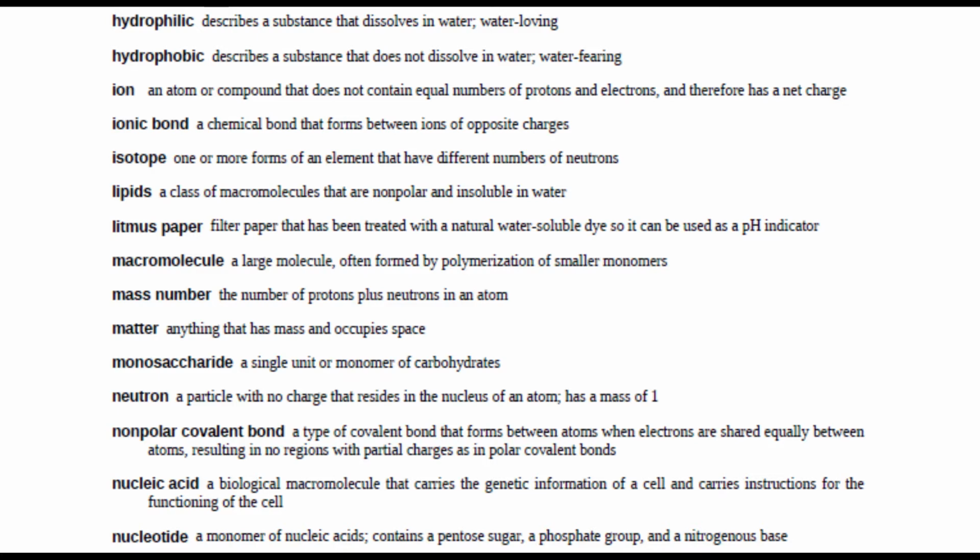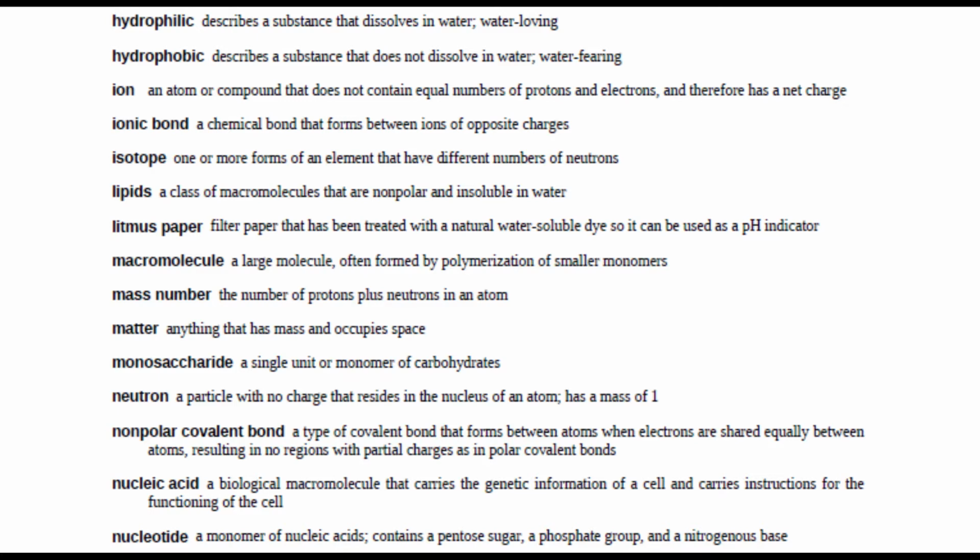Lipids, a class of macromolecules that are nonpolar and insoluble in water. Litmus paper, filter paper that has been treated with a natural water-soluble dye so it can be used as a pH indicator. Macromolecule, a large molecule often formed by polymerization of smaller monomers.